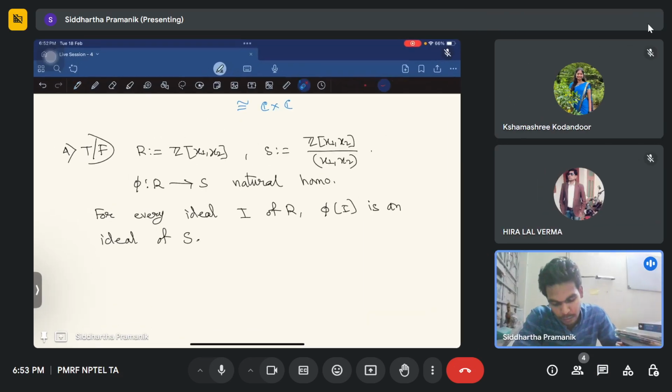So the problem is if you take an ideal of R and if you take the image of I via phi, then it remains an ideal or not.